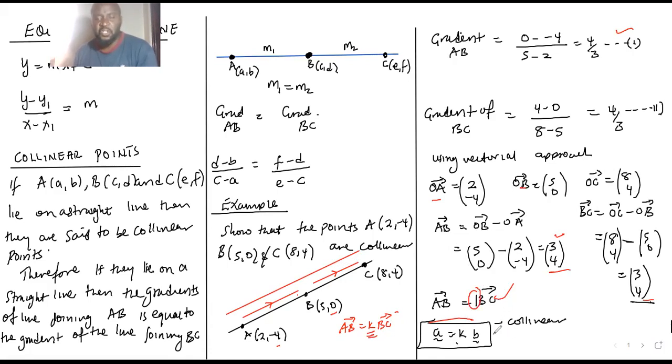So the definition using vectors is this one. If one vector is a scalar multiplier of the other, 1, it shows that they are parallel. 2, it also shows in vectors that they are collinear. So we have used both methods for collinearity, which include 1, the gradient method, and 2, the method of parallel vectors, one being a scalar multiplier of another.